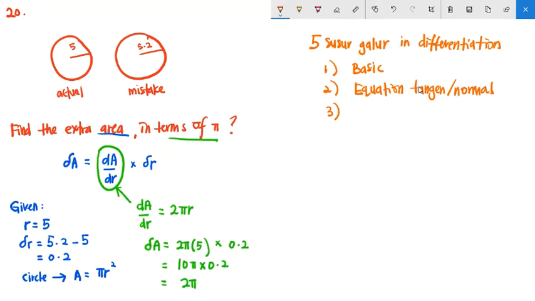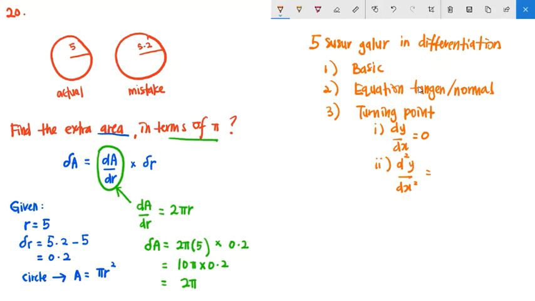Number 3 is turning point. Turning point mesti buat dy dx is equal to 0. First step. Second step, to check whether the function is minimum or maximum, must do the second derivative, which is d squared y over dx squared.